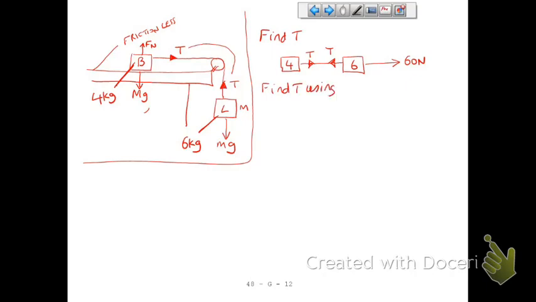well, there's a T there and a T there. The sum of the forces on the 4 kilogram is equal to the mass of the 4 kilogram times the acceleration of the 4 kilograms. Looking at my diagram, I say plus T. There's nothing going the other way. Remember, we're resolving forces along a line.